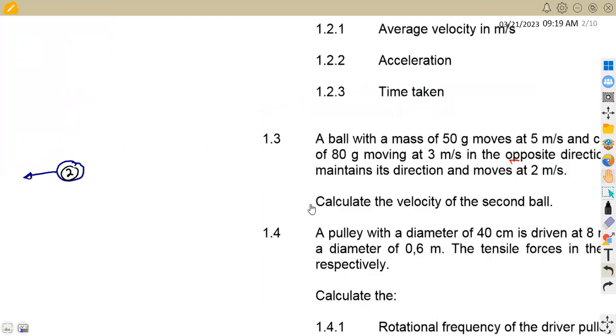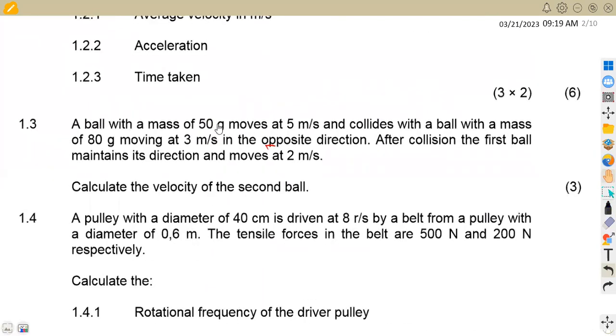So I'm going to take the first ball moving to the right. Okay, so let's say this is my first ball moving to the right, and then the second ball moving in the other direction, which is opposing. So this is going to carry a negative since it is opposing. Okay, so for each ball we are given its mass. For the first ball, we are given that it has a mass of 50 grams and moves at 5 meters per second.